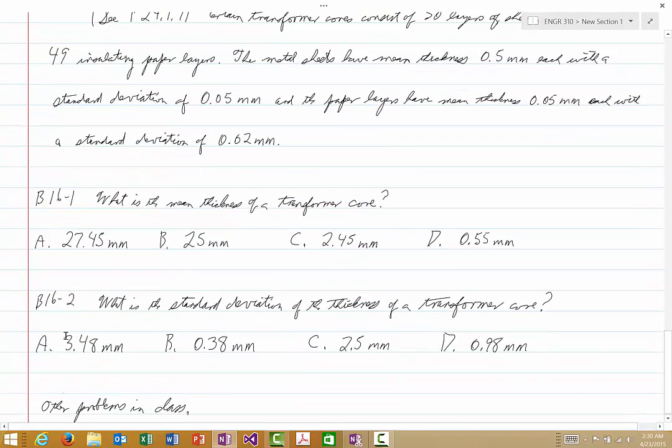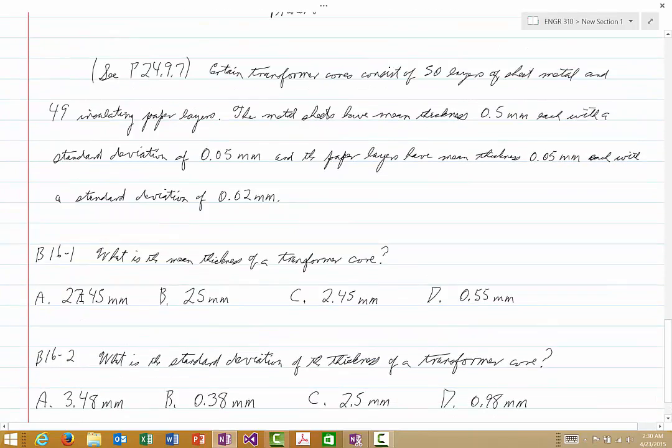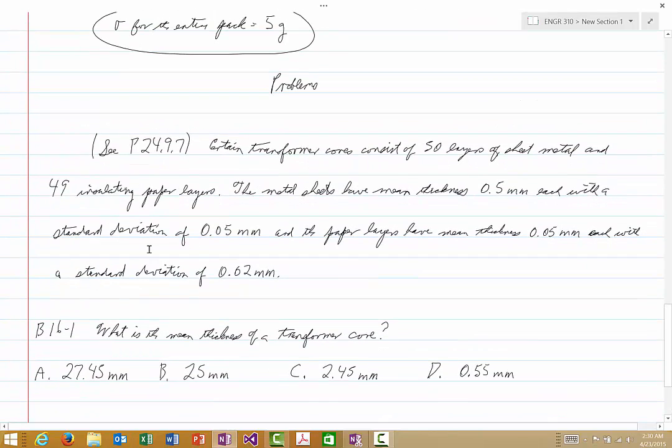Both of the problems, both B16-1 and B16-2, refer to this situation, which is the same as the situation described in problem 24.9.7 of your text. It says certain transformer cores consist of 50 layers of sheet metal and 49 insulating paper layers.